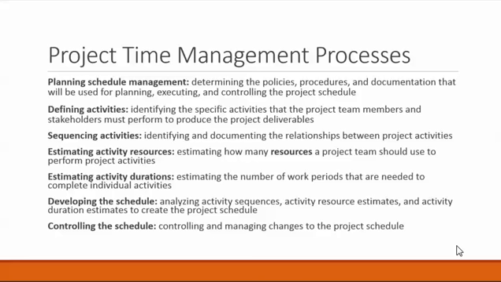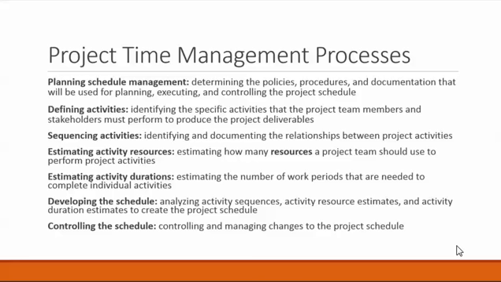So, we plan our schedule management by determining what our policies are going to be, procedures, what kind of documentation we're going to need to keep, and how we're going to manage and update it. We define our activities. So, once we know our scope, once we know what we're going to do, now we need to decompose what we're going to do into activities.